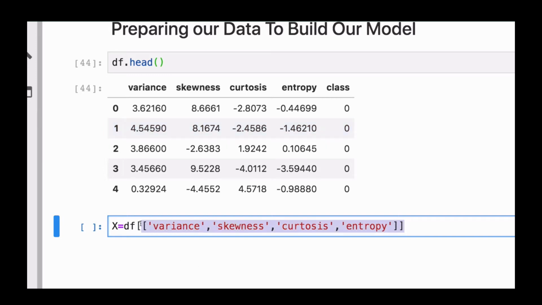So the best way to do it is to just drop the part that we don't want to be present in the X. So I'm going to use .drop, and I want to drop just the class.